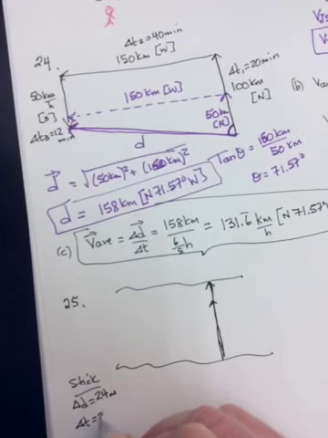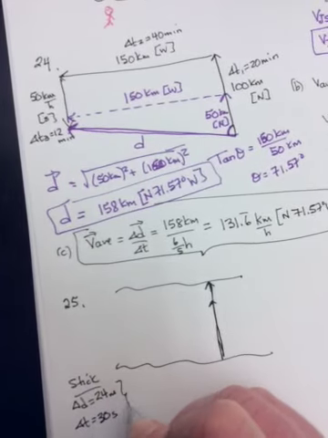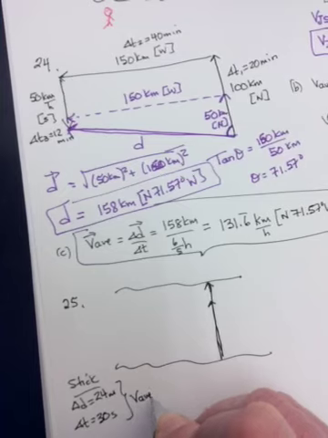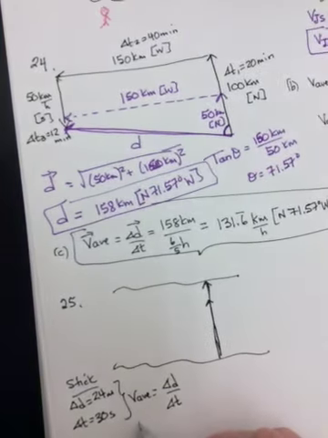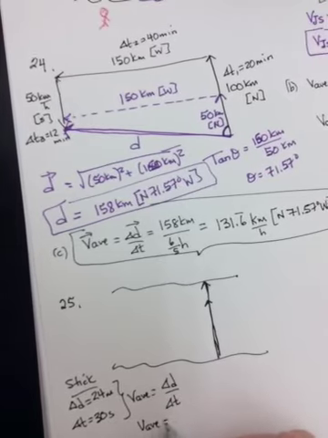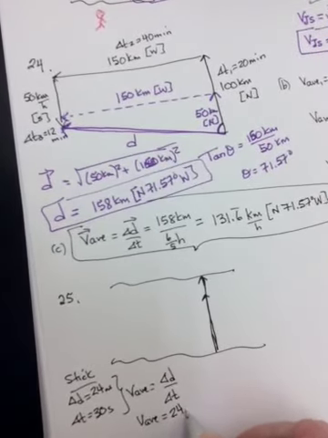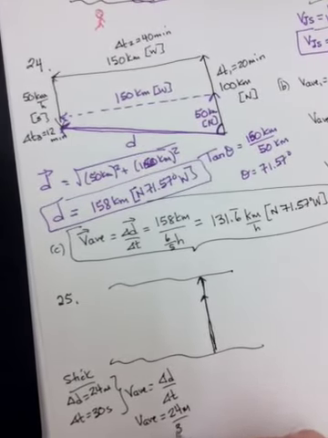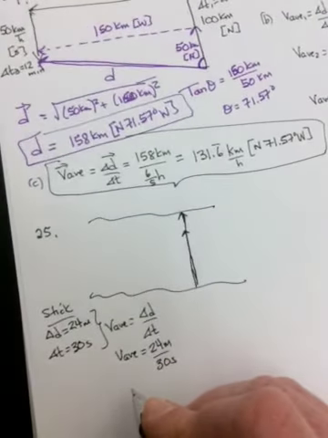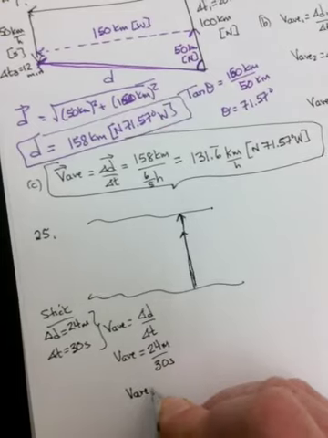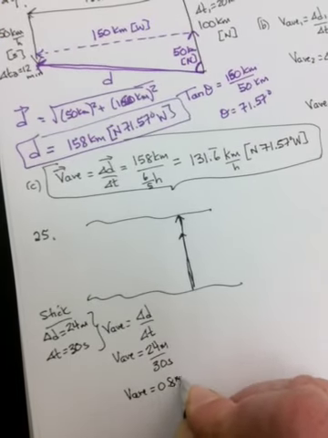So from this, we can find the velocity of the water. We can do v_av is equal to delta d over delta t. And so that's just going to be 24 meters over 30 seconds. And so we'll find that the water is actually flowing 0.8 meters per second, and it's said to the west.